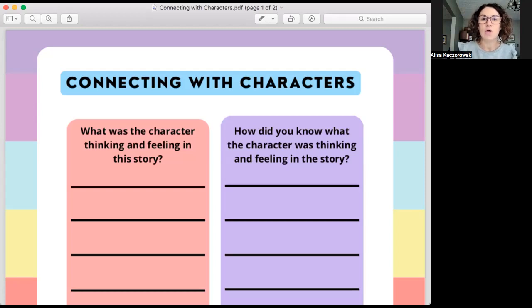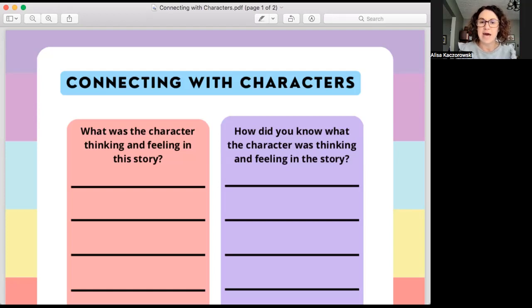So, how is the character feeling when this thing happens? What is the character thinking in this situation? And then also, we're encouraging kids to really start to talk about how they know that, right? So what were the clues that they used to know how a character was feeling or what they were thinking?